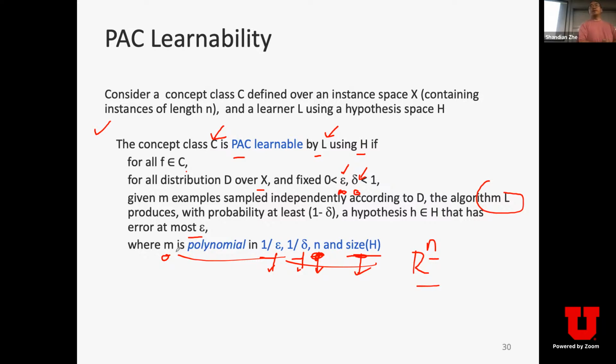And the remaining details of the definition just talk about what we mean by not using too many examples. It means just polynomial in those requirements about the error, the probability, the feature dimension, and the hypothesis space size.